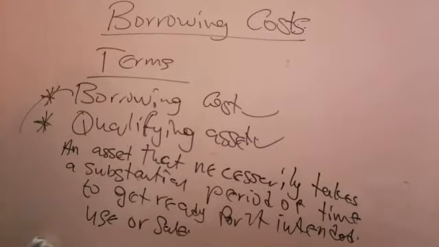Now I'm going to look at examples of these two. The specific examples of borrowing costs are interest on loans, interest on bank overdrafts, short-term and long-term loans. So that is specific example one: interest on what?